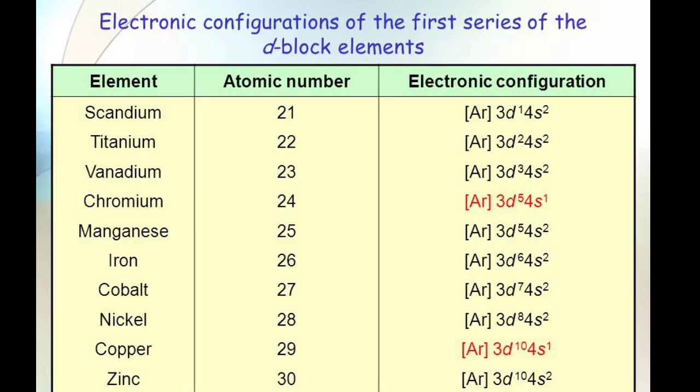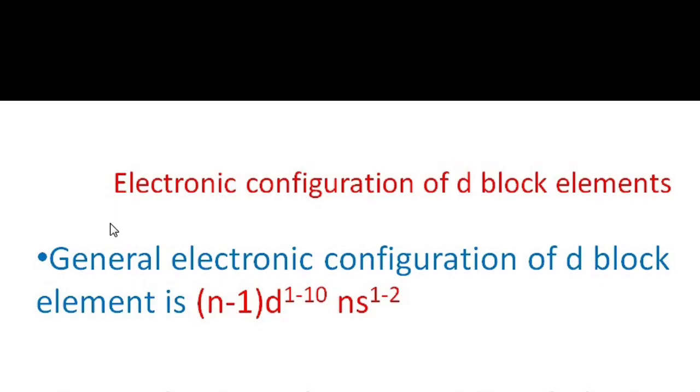Scandium is 3D1 4s2, titanium 3D2 4s2, vanadium 3D3 4s2, chromium 3D5 4s1, manganese 3D5 4s2, iron 3D6 4s2, cobalt 3D7 4s2, nickel 3D8 4s2, copper 3D10 4s1, and zinc 3D10 4s2.